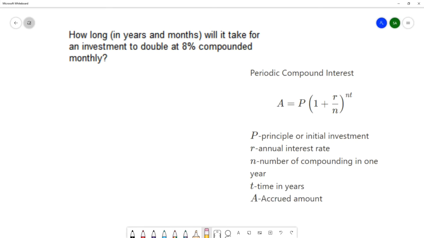When you first glance at this problem, it seems like they don't give you enough numbers or information to work it out. The only number we see here is the 8%. So that 8% is the r, the interest rate, and we're going to use that 8% in decimal form.